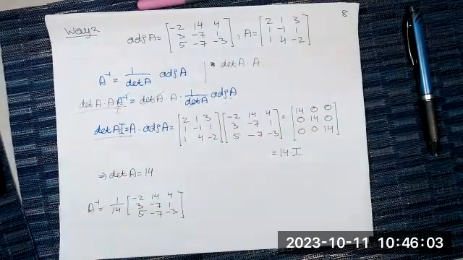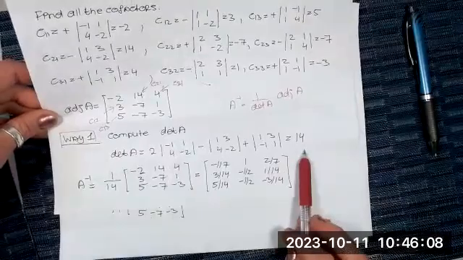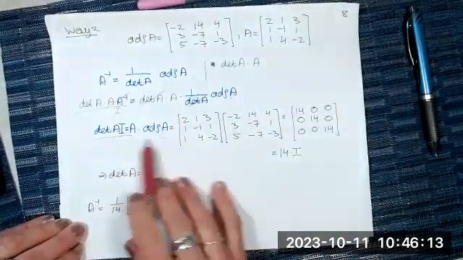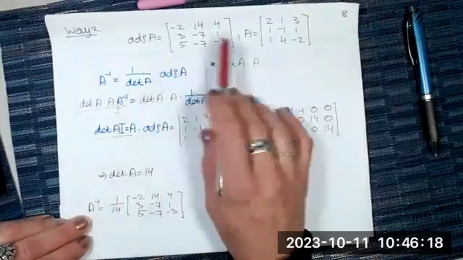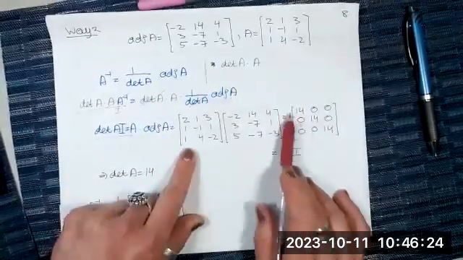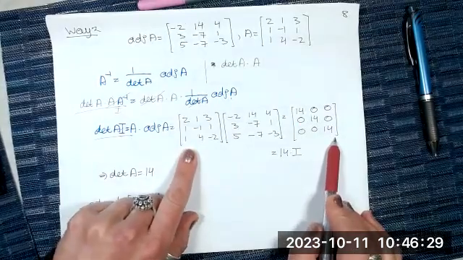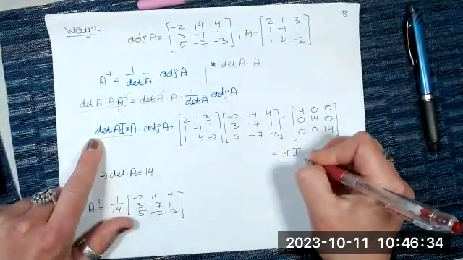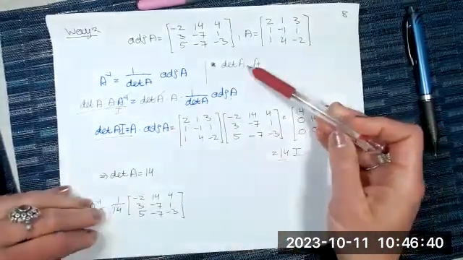So another way to find the determinant of A using the formula would be not doing the cofactor expansion, but using the fact that determinant A times I is equal to A times the adjoint. I can just multiply those two matrices together. If I do this, I'll see that I end up having the same number on the diagonal and everything else is 0, which is my determinant of A multiplied by I. So I didn't have to compute the determinant of A explicitly.